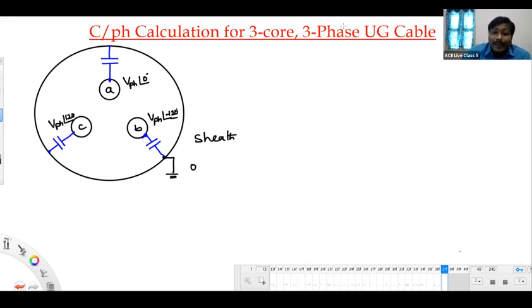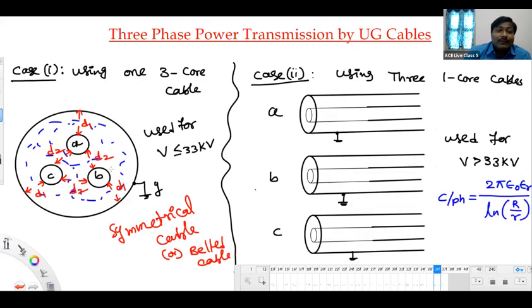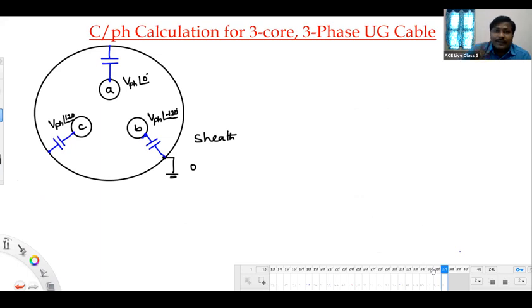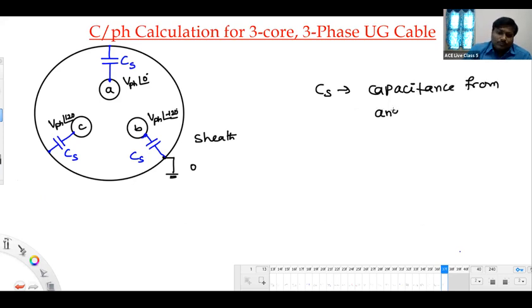Equal. Why? Because the distances are equal, D1, not the voltages. So this is CS, the capacitance from any one core to sheath.